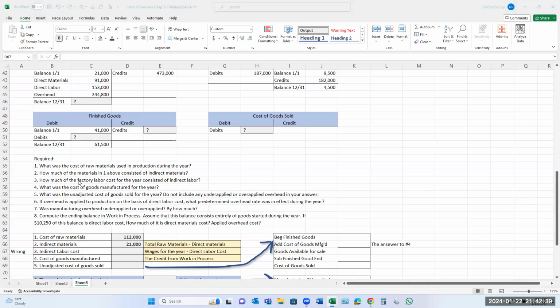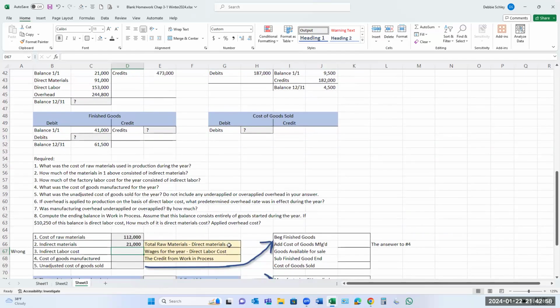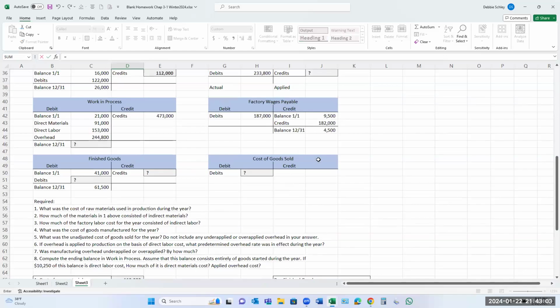So 3, how much of the factory labor cost for the year consisted of indirect labor? Okay, so it's very apparent where the direct labor is. And we know direct labor plus indirect labor should equal total labor cost. So where's our total labor cost? Well, that's going to be right over here in factory wages payable.